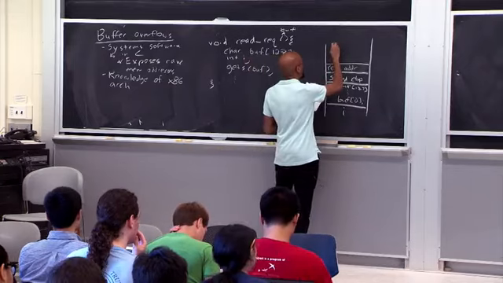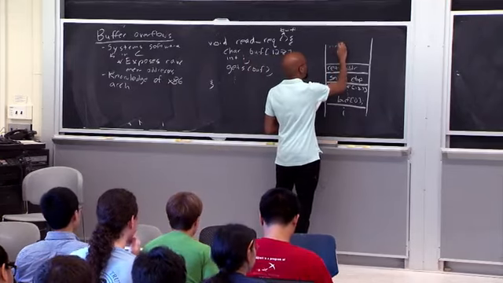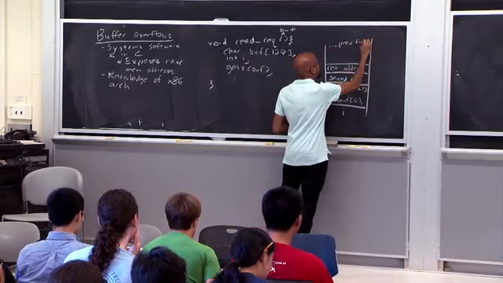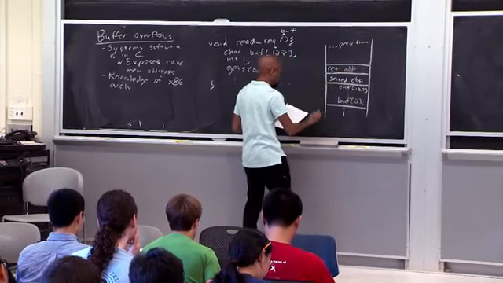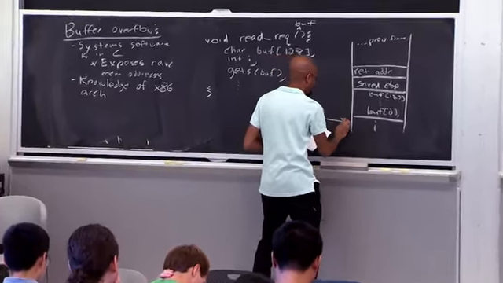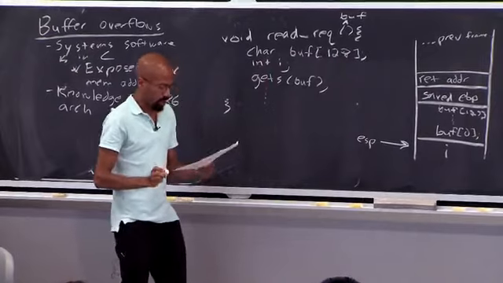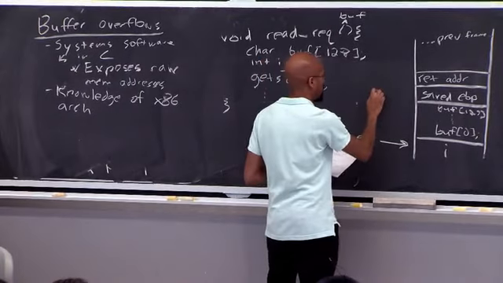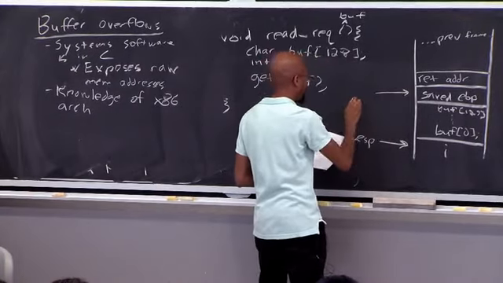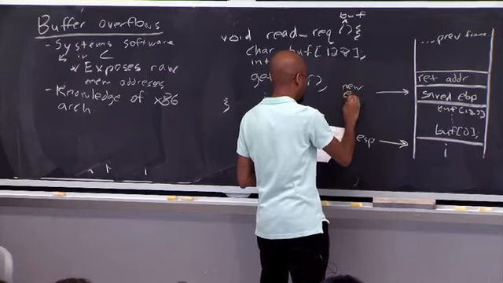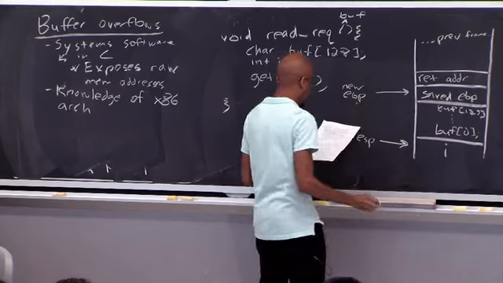And then we've got some other stuff from the previous frame. And don't forget, we've got the stack pointer, which goes there. And then we've got the new base pointer, which goes here.